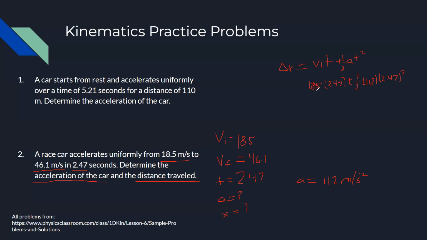And so basically you just plug it into a calculator, and what that gives you is delta x of 79.8 meters. And so that's our delta x, and this is our acceleration. So distance traveled is 79.8 meters, and acceleration is 11.2 meters per second squared.